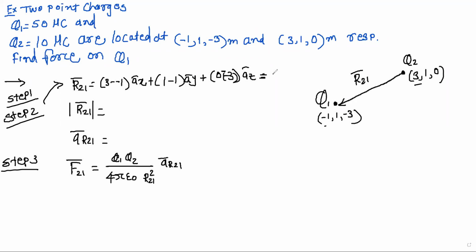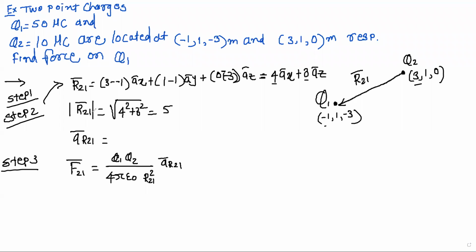So it would be 4 a bar x plus 3 a bar z. Correct. Now here under root 4 square plus 3 square, right? So this is going to be 4 square plus 3 square. So what is the answer? 5.